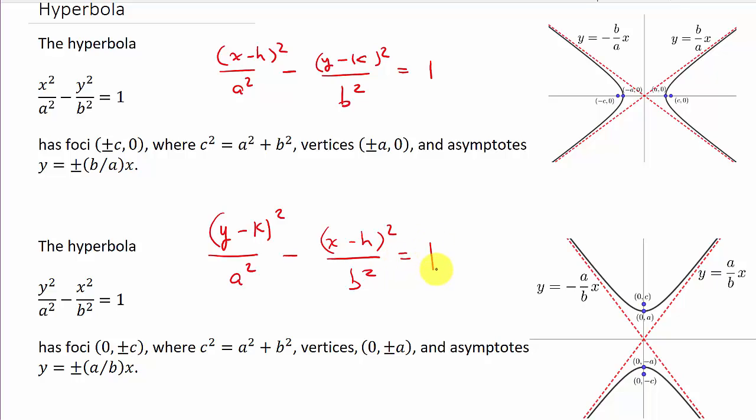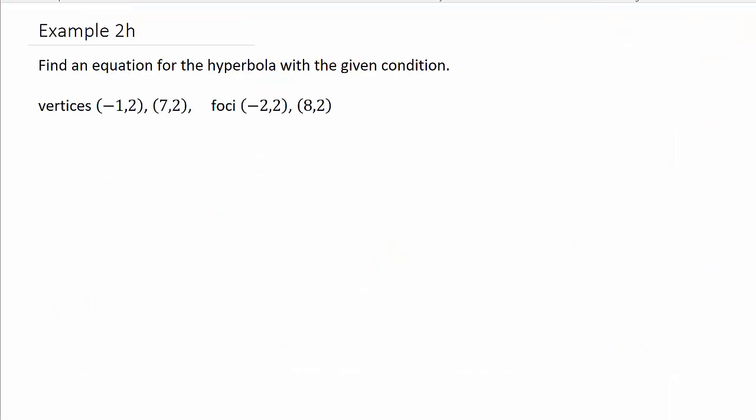So that just depends on where these things intersect. All right, so let's take a look at some examples and see what we've got.